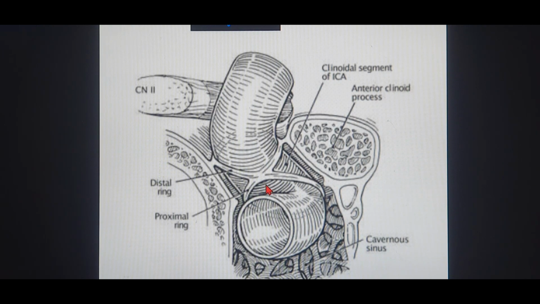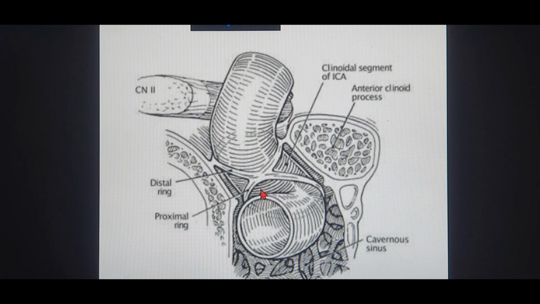If you look very carefully, this is the distal ring, that's the proximal ring right here. Now, as I said some time back, the proximal ring is the dura which forms the roof of the cavernous sinus, the dura mater covering it above. That is the proximal ring, and the distal ring is a continuation of the falciform ligament.